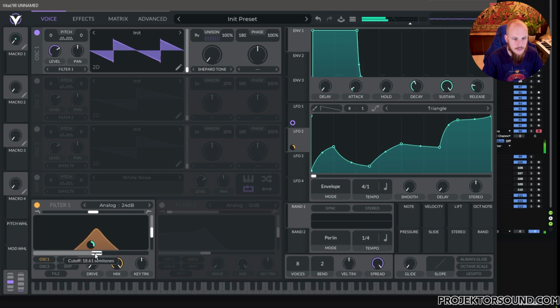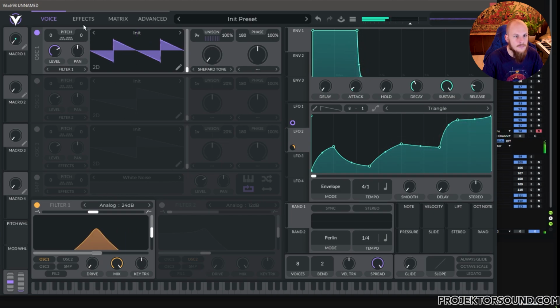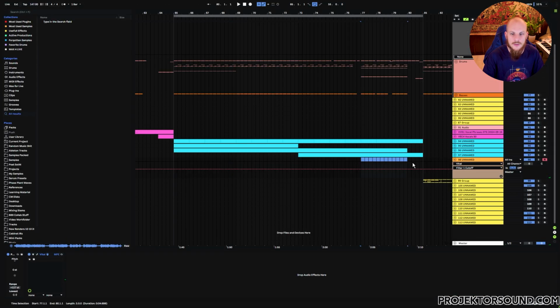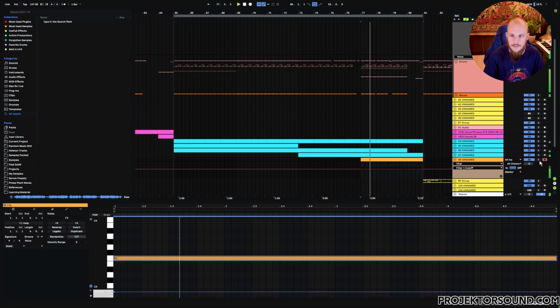Bit less, I think. And there we have a nice atmosphere, which we can put over here to maybe finish off the idea that we have now.